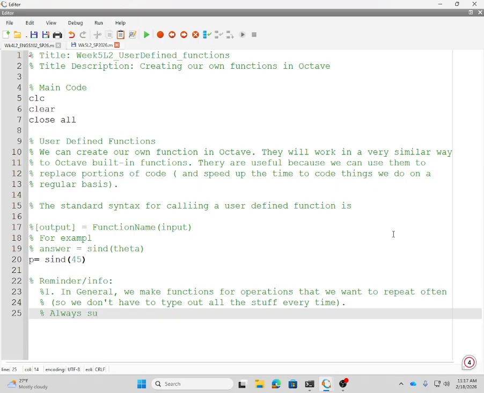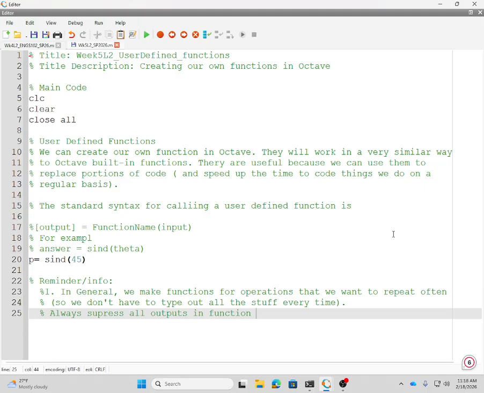Okay, always suppress all output in a function using a semicolon. That's so important. Always suppress all outputs in a function. In a function means inside the function, whatever math that you are doing. I mean, your only job is to show the outputs only. Okay, remember the syntax: output inside the bracket. That's all you'd like to show. Not what happened inside the function.